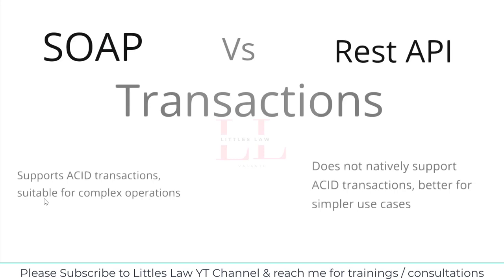Or if it succeeded, then you must get your money in your hand, and that amount must be debited from your account. So either it has to be completely succeeded or completely failed. This is called an ACID transaction, and this is possible in SOAP because it maintains atomicity, consistency, isolation and durability.